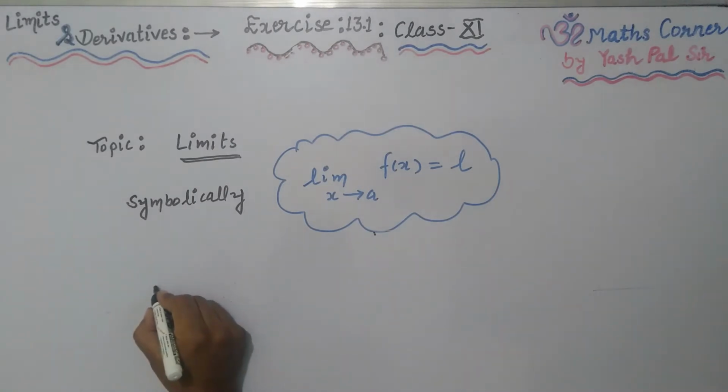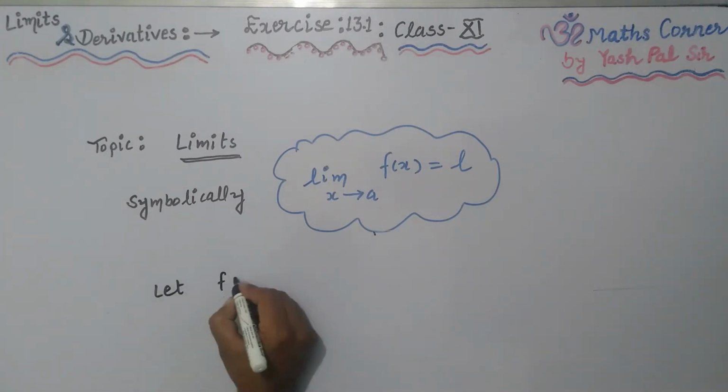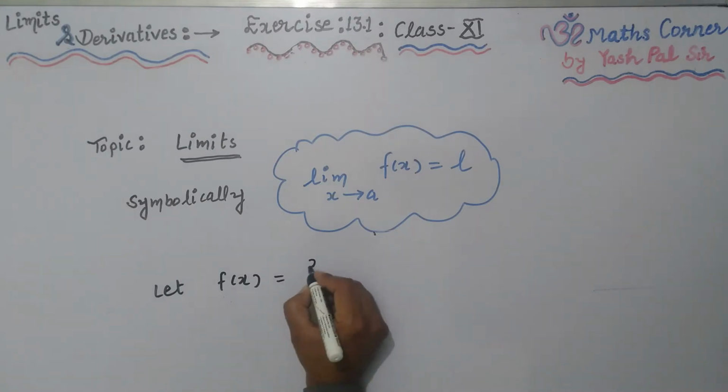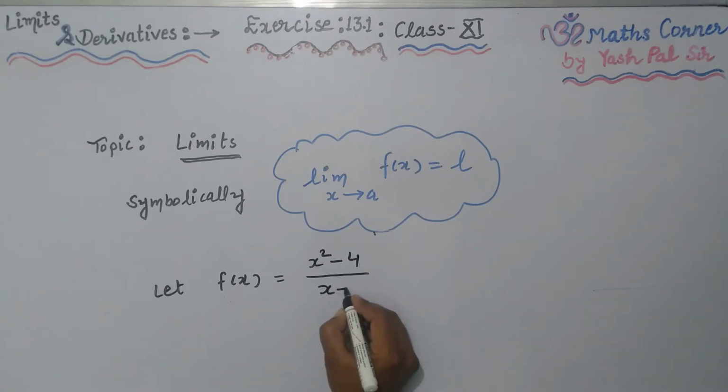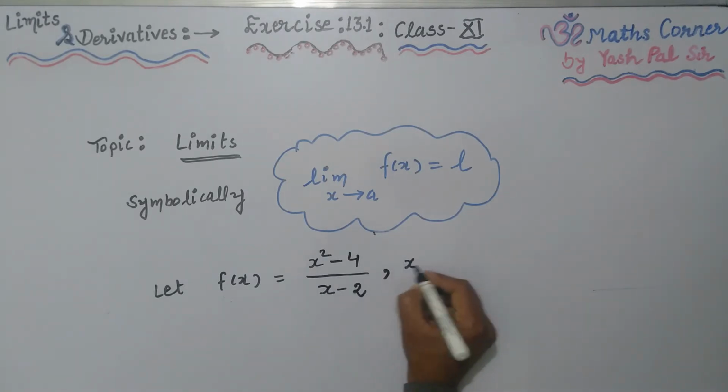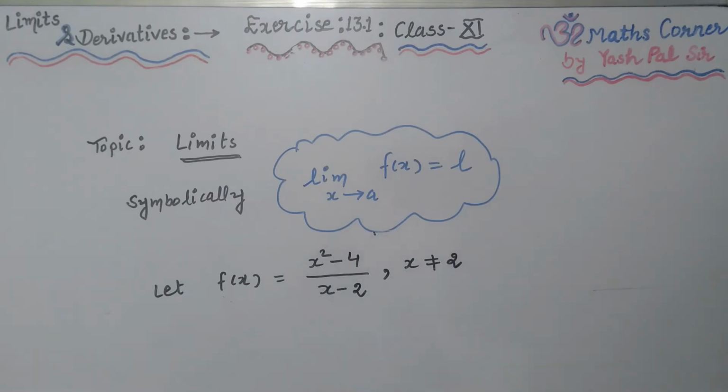Suppose we have the function f of x is equal to (x square minus 4) divided by (x minus 2), where x is not equal to 2. Now we take the x axis, and here x is equal to 2. This side is the left hand side of x equal to 2, and this side is the right hand side.